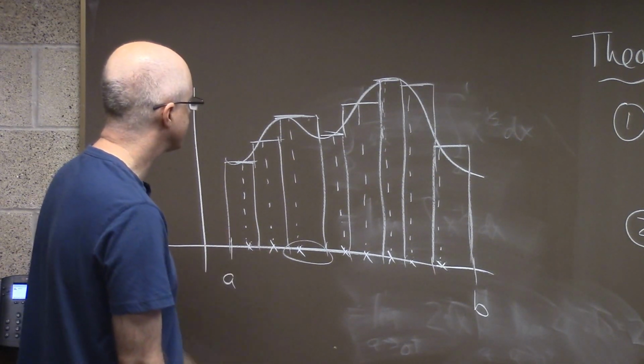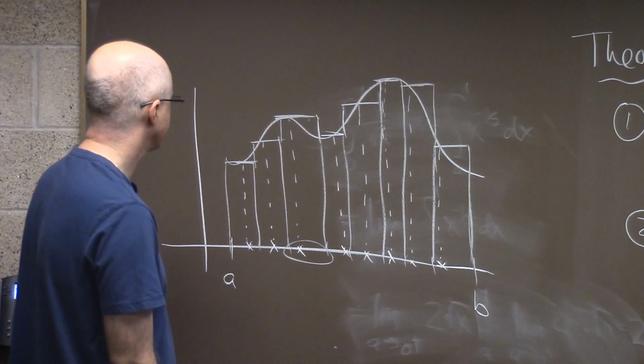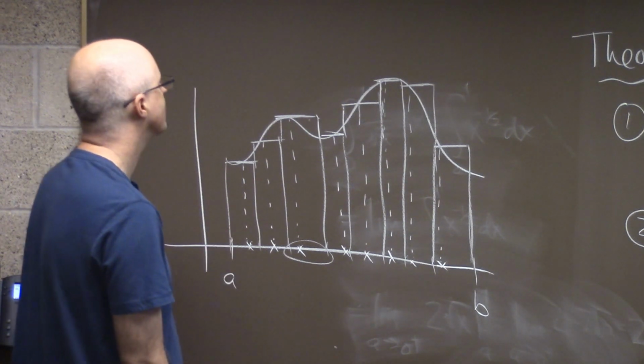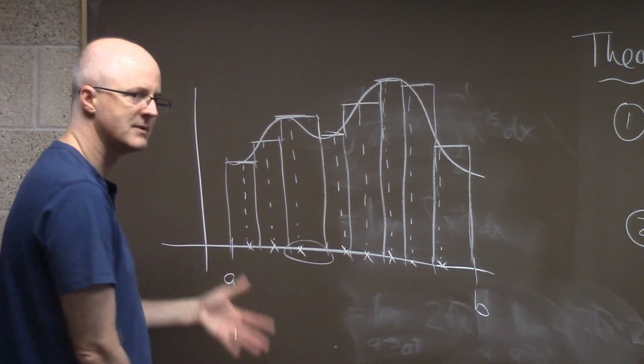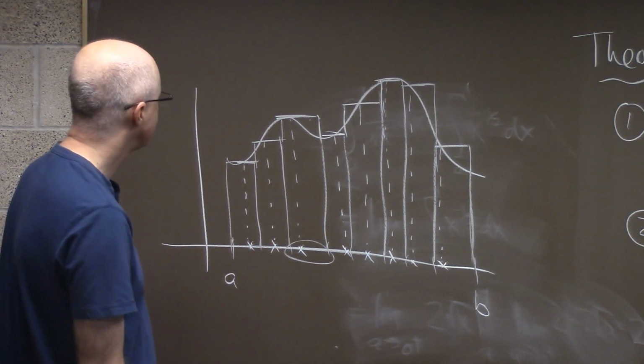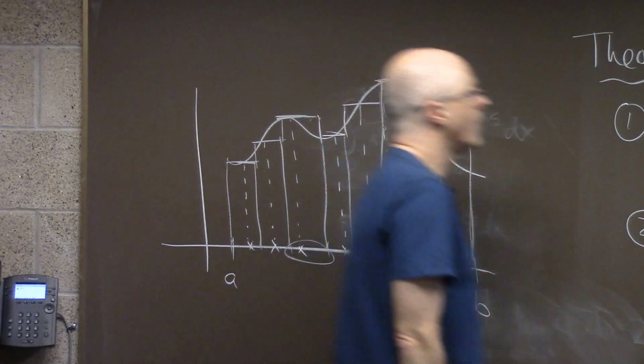You can make the Riemann sum within epsilon of the true area. And I don't have a formula, I don't have numbers in this graph, so I'm not going to pick an epsilon or anything like that. How is that related to this?